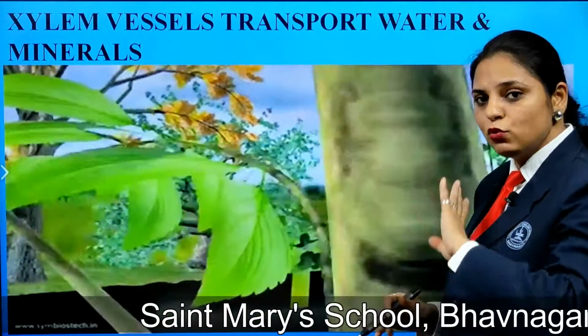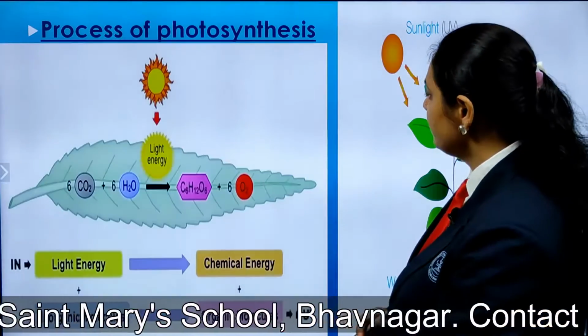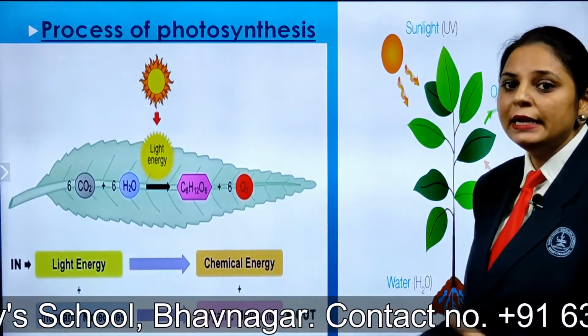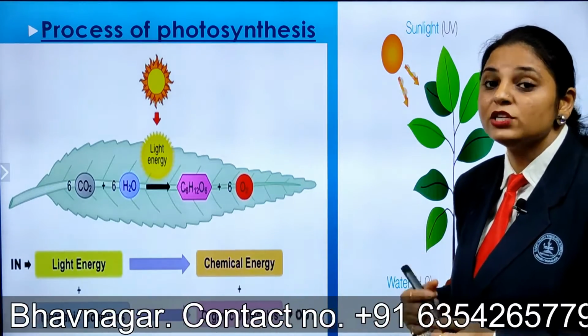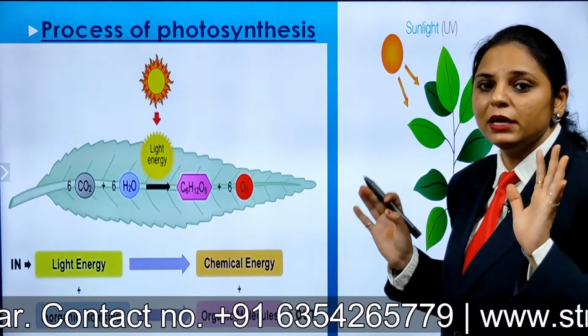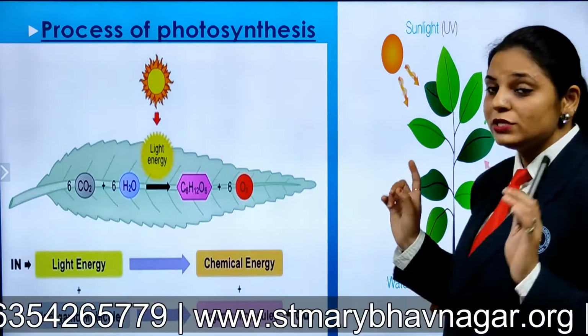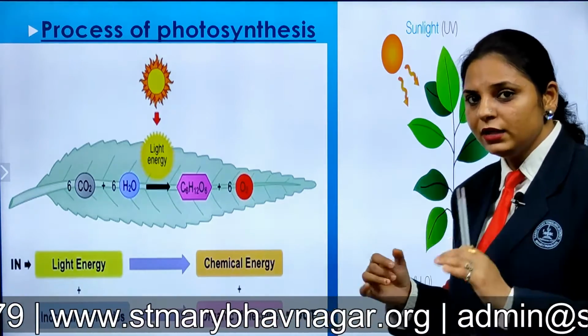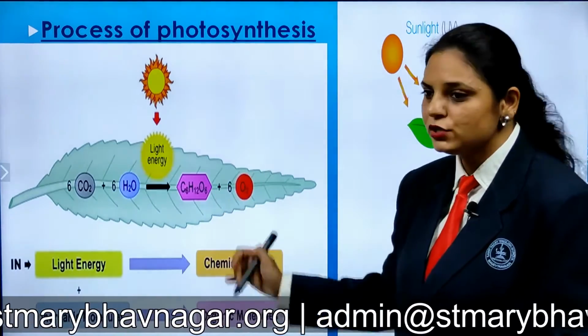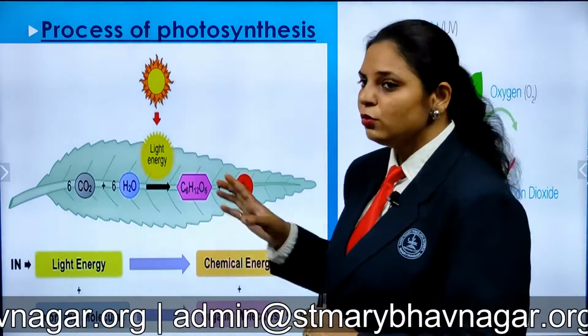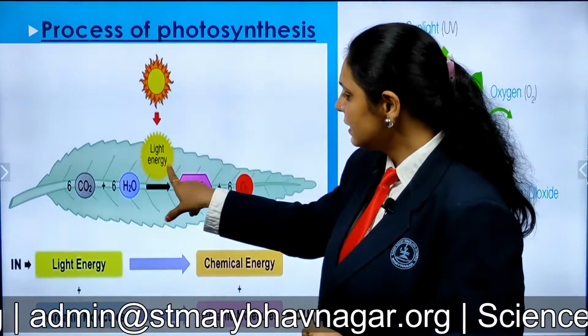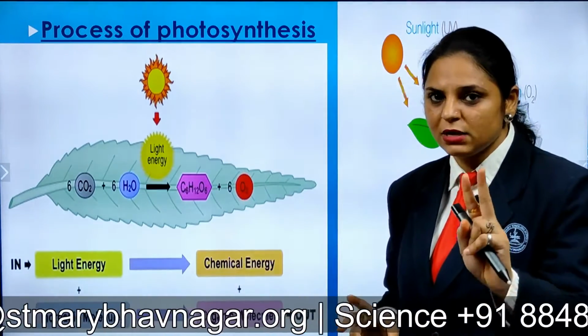Water and minerals both are being absorbed. And in terms of a chemical equation, you have to give me a chemical equation for how photosynthesis occurs, and then describe it. Actually, sunlight and chlorophyll, two things are a must over here.